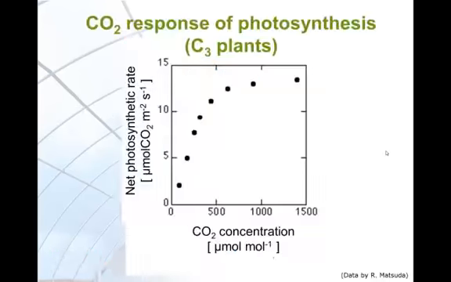And this slide is showing a typical response of a plant leaf to the CO2 concentration. As you can see, up to 400 to 500 parts per million, or micromoles per mole, the plant photosynthetic rate is increasing almost linearly and then slowing down and saturating around 1000, 1500 parts per million.